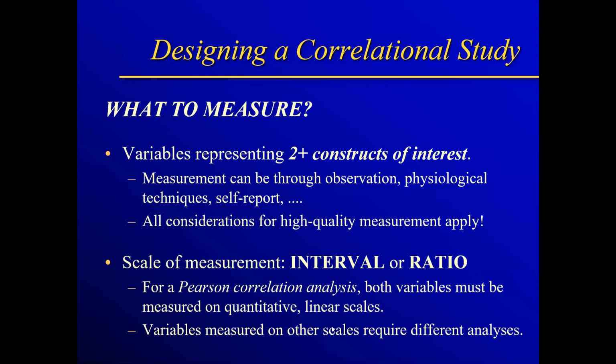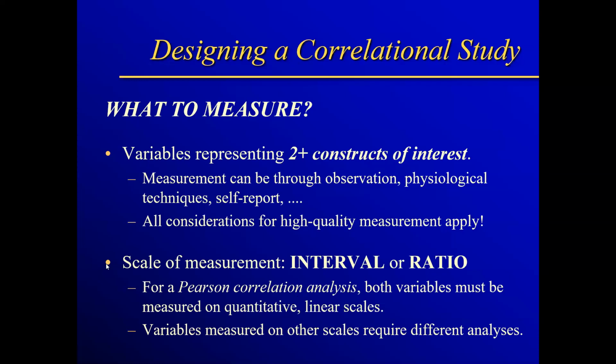Other types of correlations can use different types of data, but for a Pearson correlation, our main correlation analysis, the one that you really need to know, it has to be a numerical quantitative scale, right? So any traditional scale that you can think of, right? Self-esteem, depression, whatever it is, all the scales that you guys came up with are quantitative linear scales.